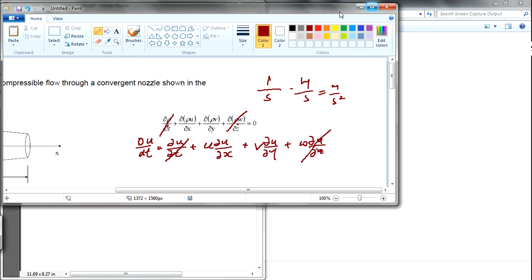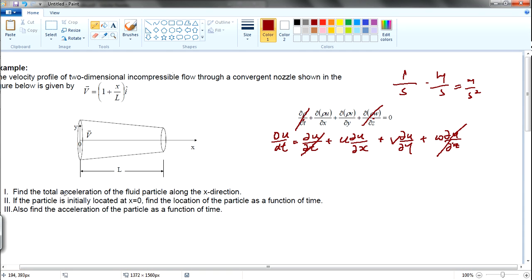And this is what the question is asking. Find the total acceleration of the fluid particle along the x direction. Since we only have the x direction, we don't care about the y direction because there is no y direction. So we can cancel this also. Therefore we are left with this one over here, which is u partial u over partial x.